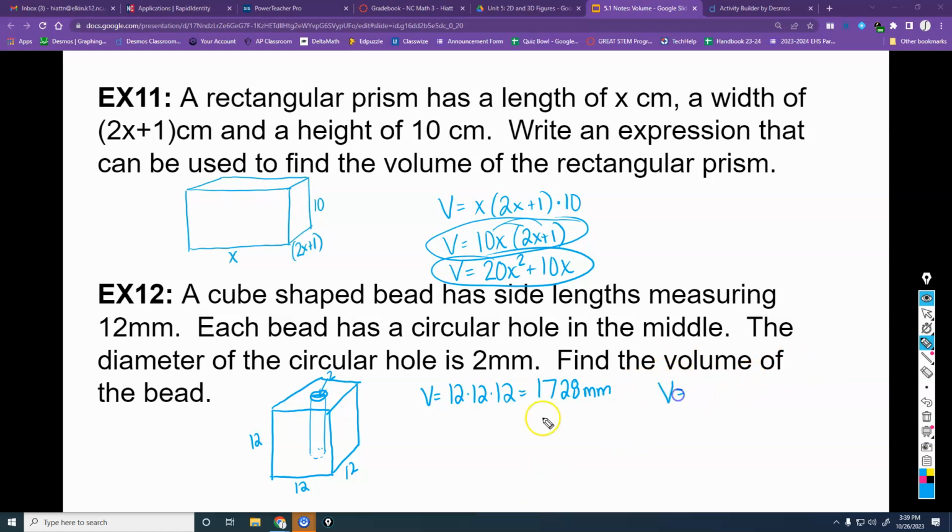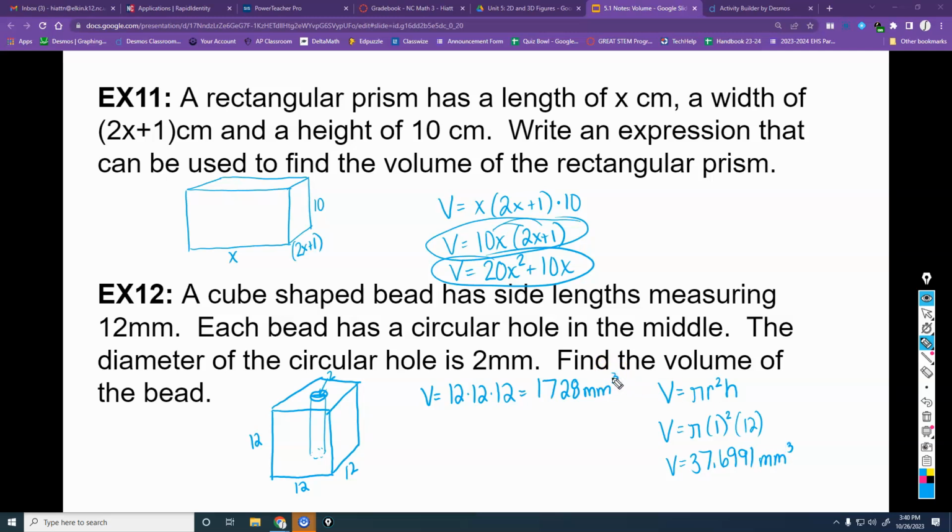So the volume, this is going to be a cylindrical hole. So we're going to have pi r squared times the height, and the radius is just going to be 1. And the height would be 12 because it's going to be the same height as the bead. And so if we type that into our calculator, we will get 37.6991 millimeters. I should put a cube on that right there.